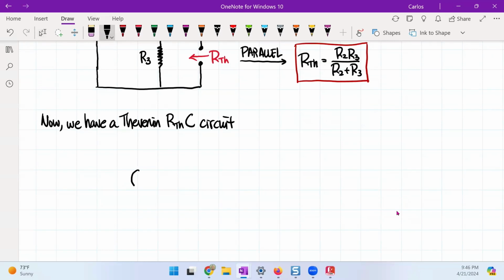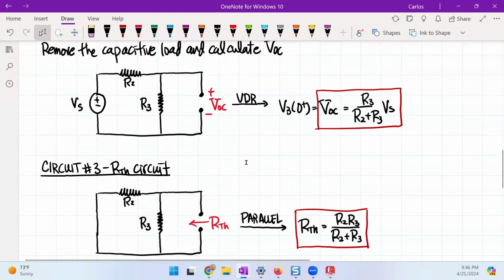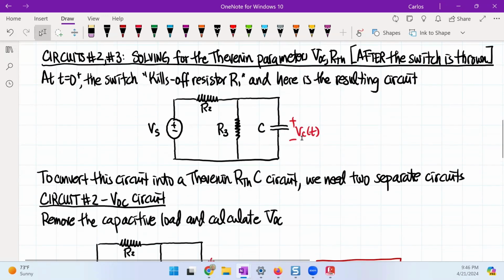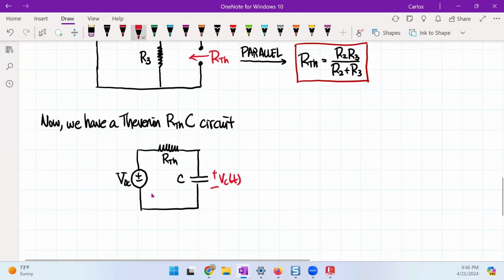I'm going to have my source, which is VOC, my resistance RTH, and my capacitance C, and the voltage of the capacitor will be exactly the same voltage as in this circuit right here, where now we have the Thevenin parameters.